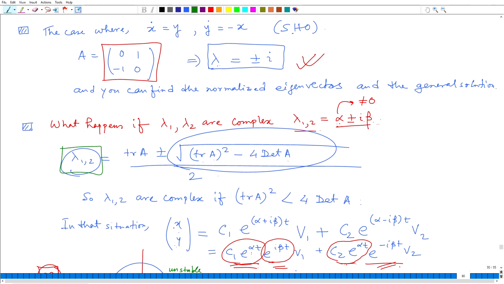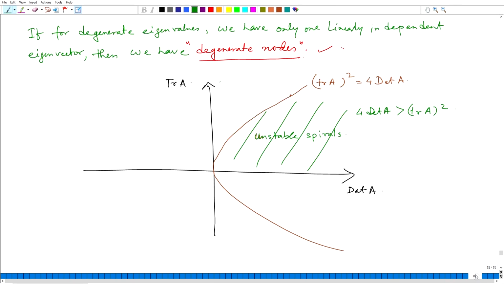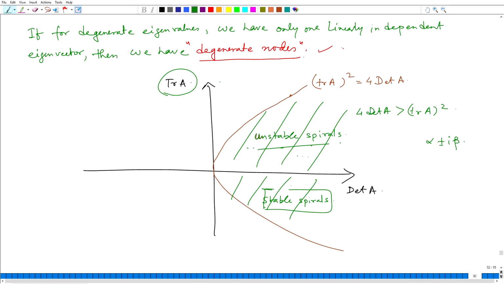And that is why you will have finally in this part the unstable spirals, and in this part the stable spirals, because for unstable spiral the trace A is positive, that is the alpha part in alpha plus minus beta, if you remember, and for stable spiral they are negative.